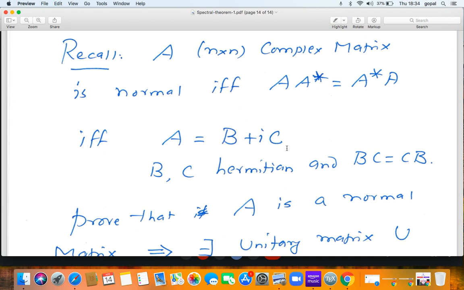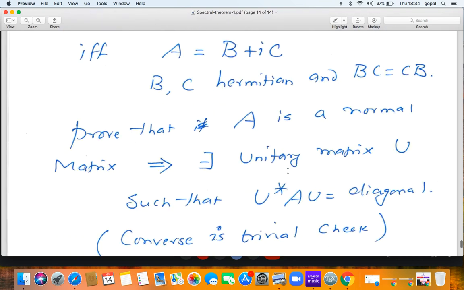In fact, B is A plus A star by 2, and C is A minus A star upon 2i. Those are Hermitian because AA star equals A star A, so B and C are Hermitian and BC equals CB.